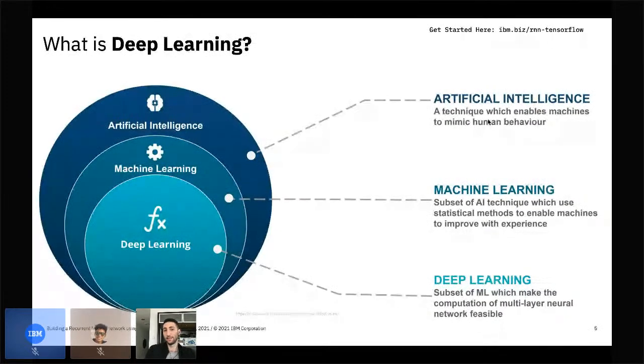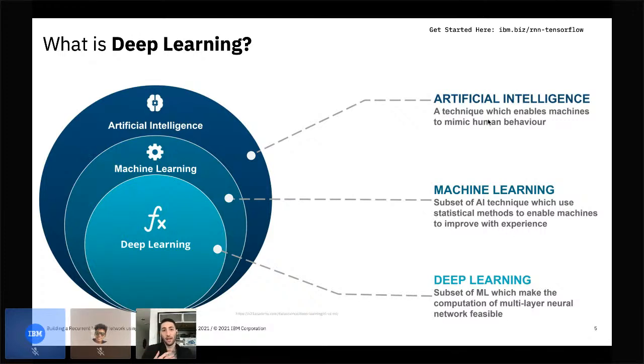So what exactly is deep learning? I'm pretty sure a lot of us here have heard these big terms: machine learning, AI, and deep learning. The best way to explain it is by visualizing it this way. On the very top, we have AI, artificial intelligence, which is a technique that enables machines to imitate and mimic human behavior.